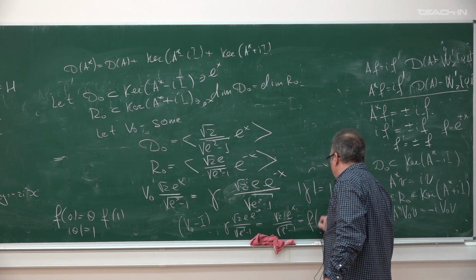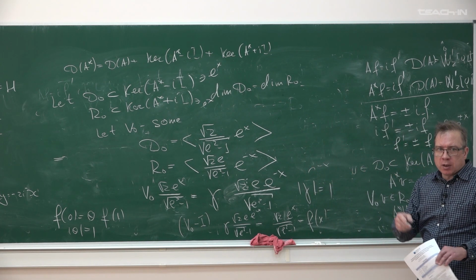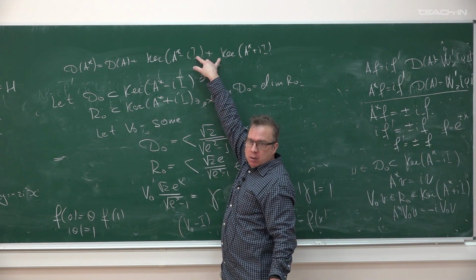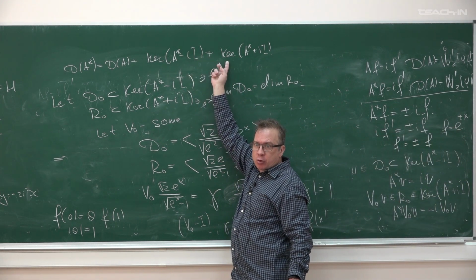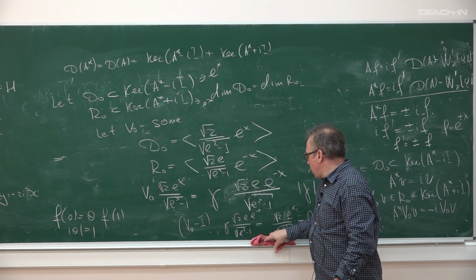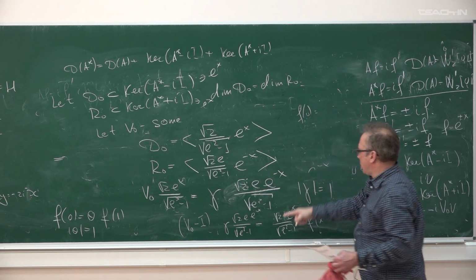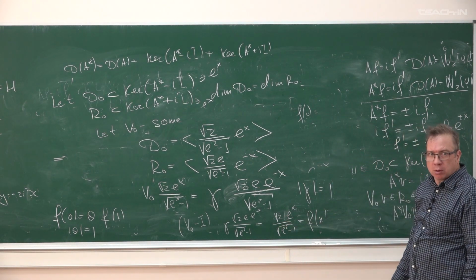This is the function f. It is an additional function, restricted from the sum of these two subspaces. We interlaced it with some unitary operator. So you can calculate f at 0, what do you have? What is the value of this function at 0?